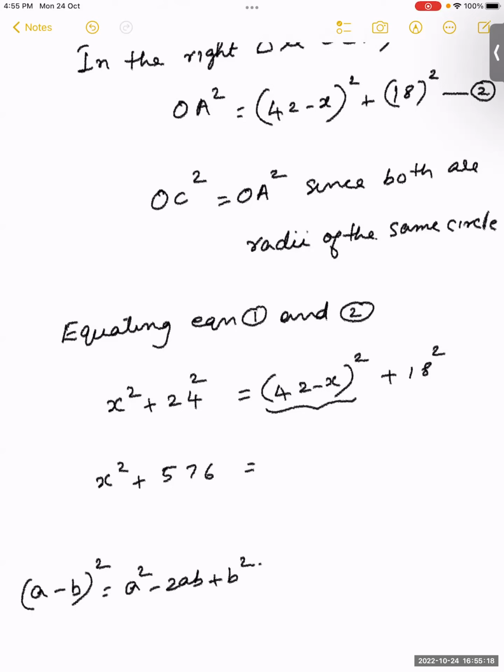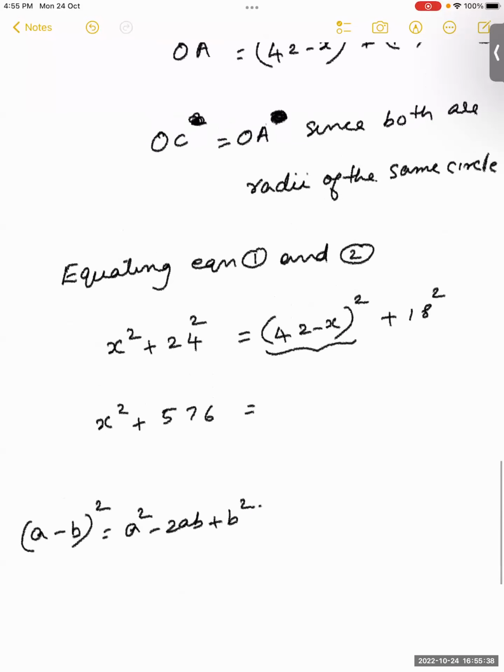Just correct it: squares are not radii. OC and OA are radii. OC equal to OA since both are radii of the same circle. Now what is 42 square? 42 minus x the whole square, you guys have done it. So 42 into 42, I'm just using calculator, is 1764.